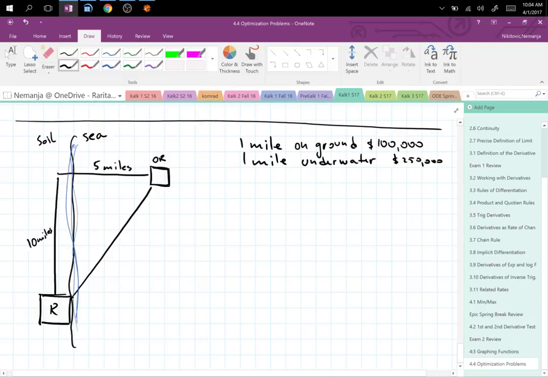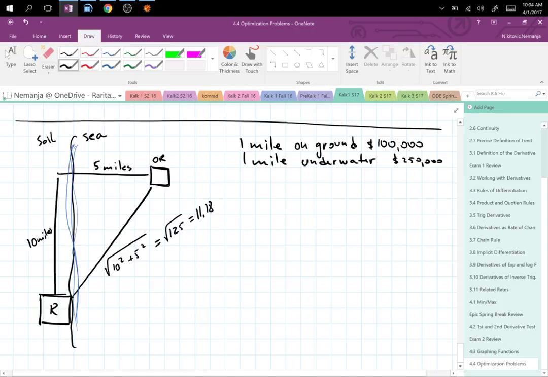Now, the Pythagorean theorem will also tell us the distance here, which is 10 squared plus 5 squared, which is 100 plus 25, the square root of 125, which is 11.18 miles.